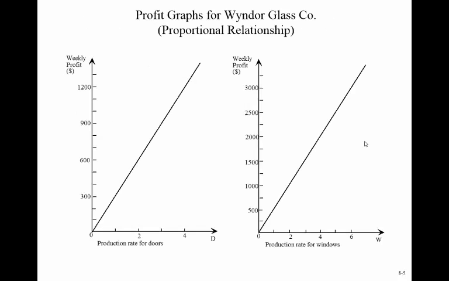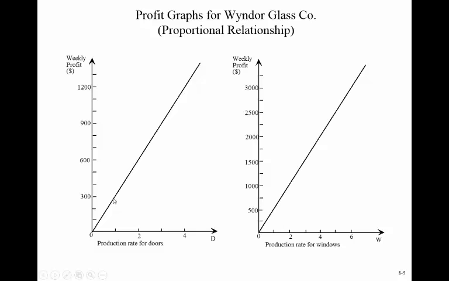So, for example, in the Windor problem, over on the left, we had the potential production rate for the doors. We could make anywhere from 0 to 4 or 5 doors per week. And remember, you made $300 in profit for each one.